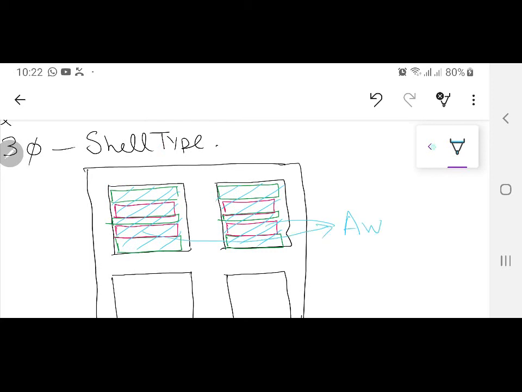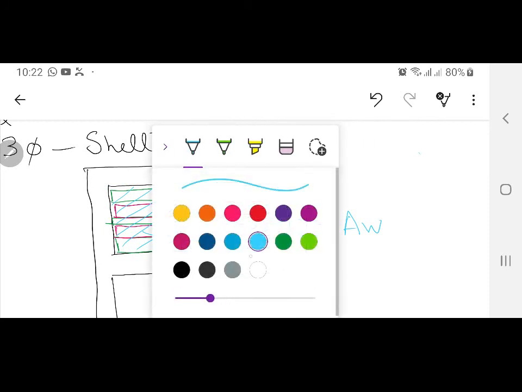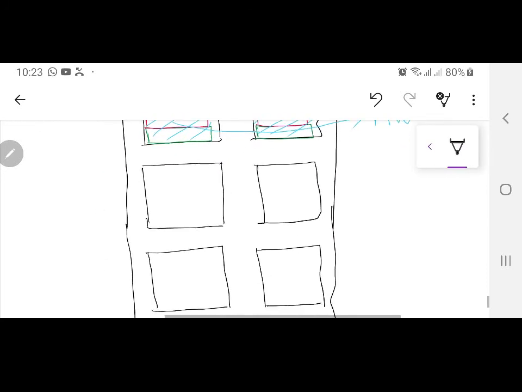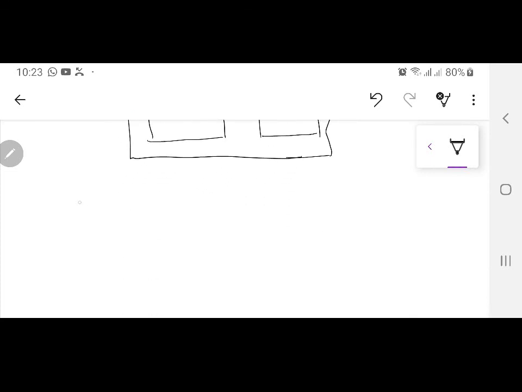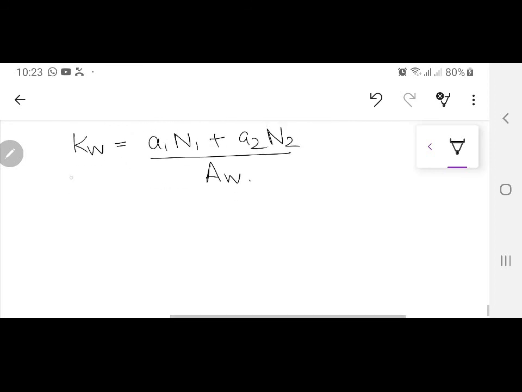Now when we do the same proof for this shell type transformer, and you can repeat it for the other 2 windows yourself, the kW this time will be the very same, that is A1 N1 plus A2 N2 divided by AW, and you do all the calculations, and this kW becomes equal to 2 N1 I1 divided by AW into delta.